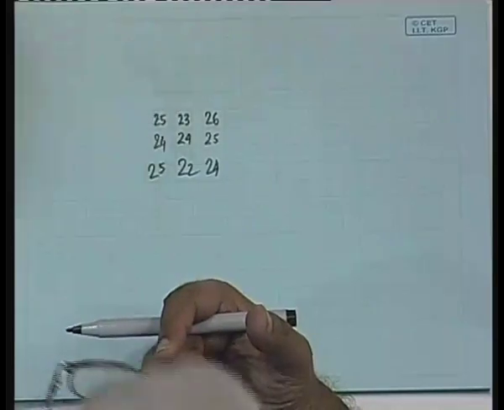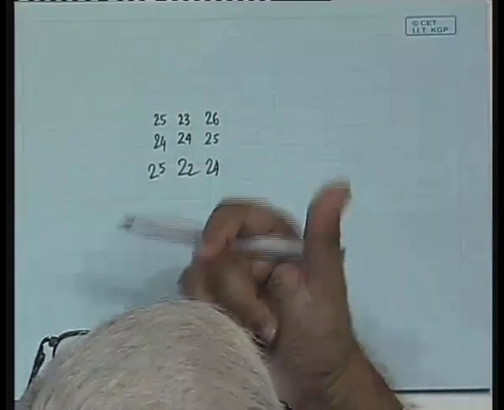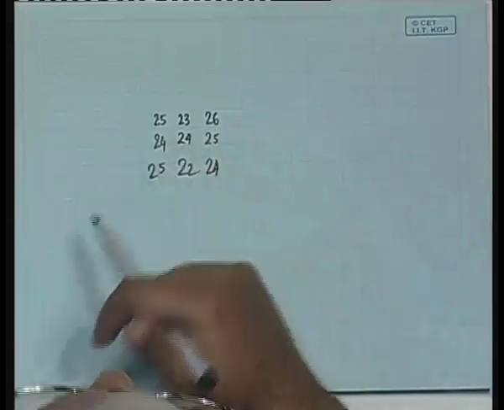Which obviously leads to a differential encoding. So, here if we are sending the first pixel, let us say the first pixel is 25, and then the next pixel we send as 23, next as 26, next as 24.